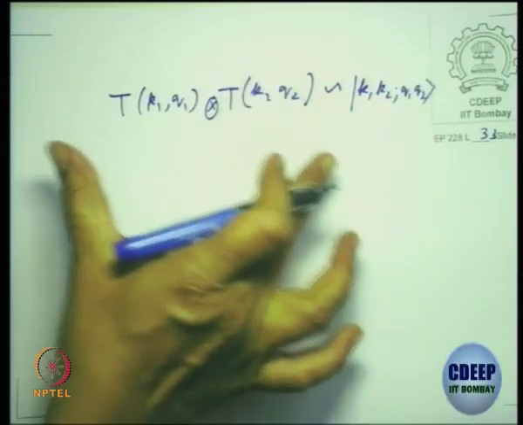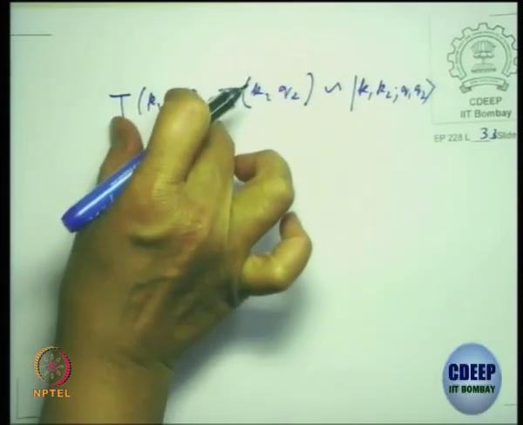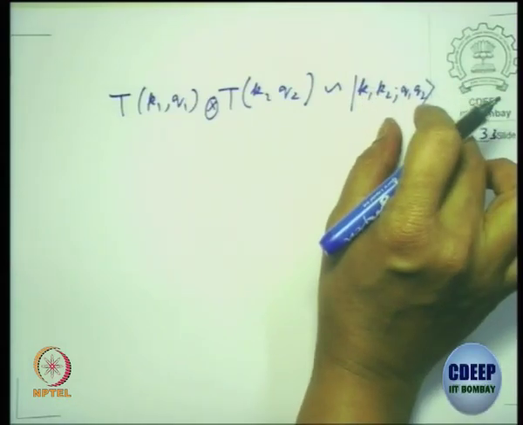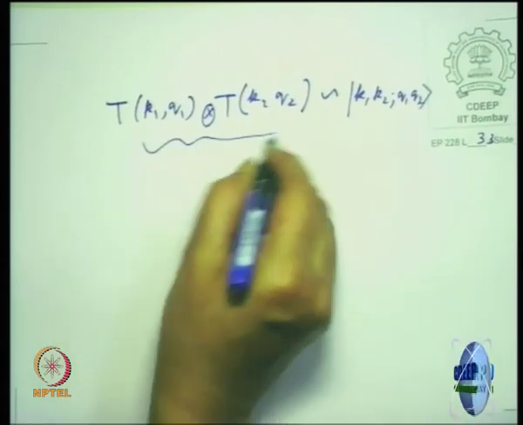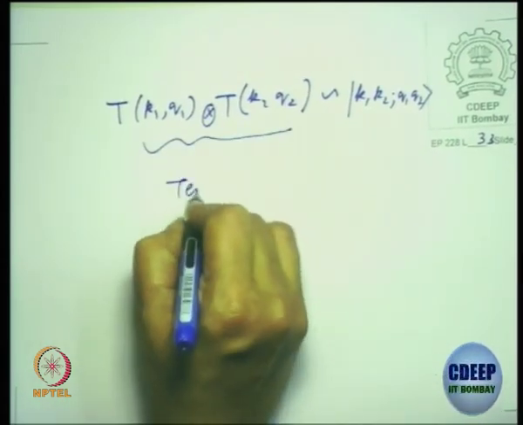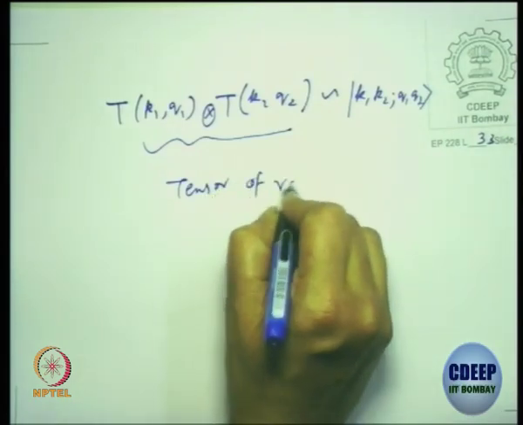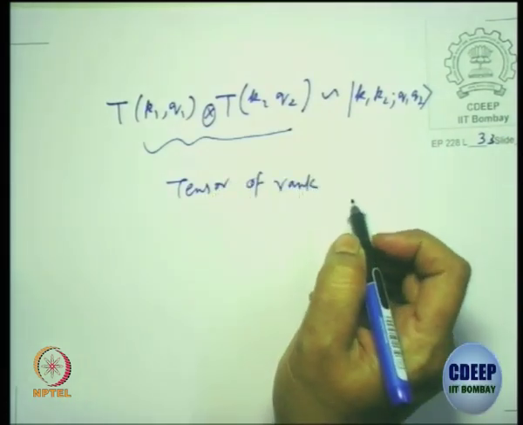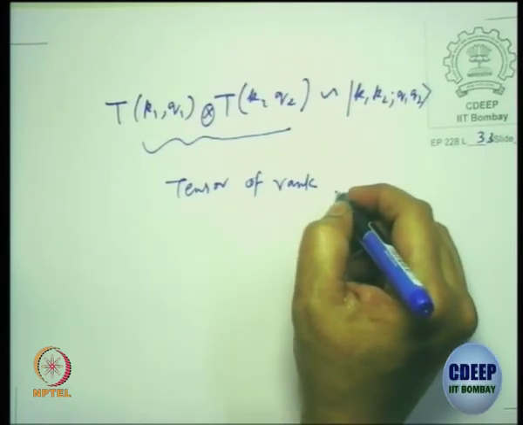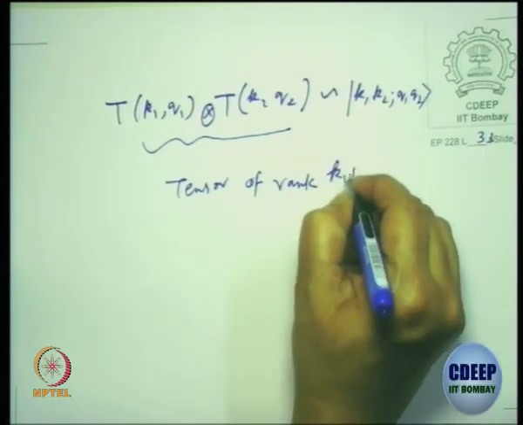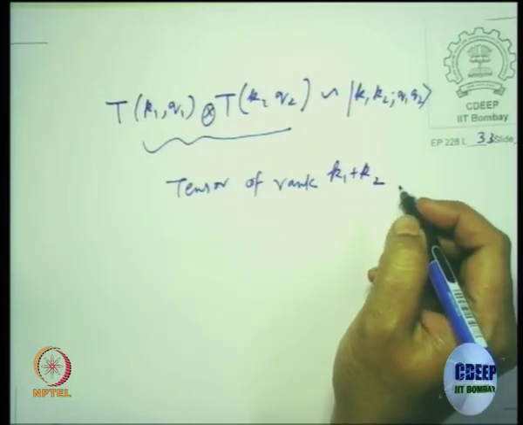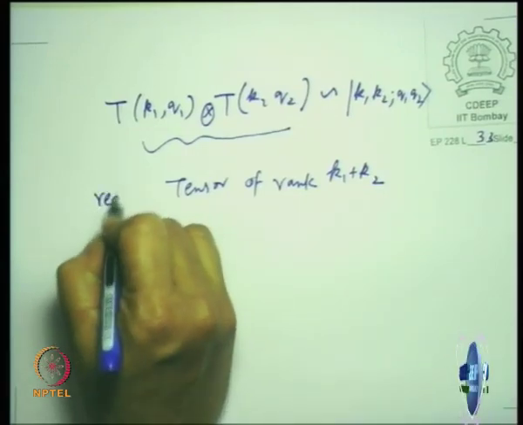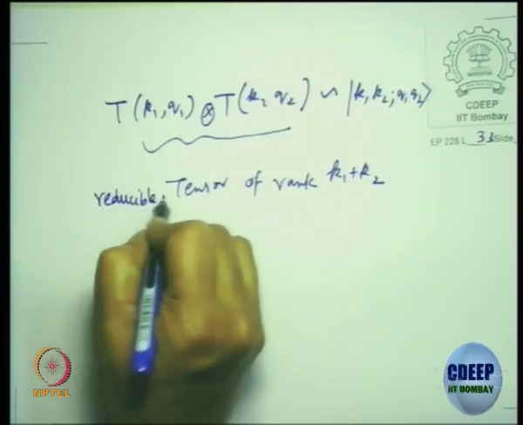But you should know that these are operators, these are states, okay. That similarity tells you that the dimensionality of this will give you a tensor of what rank? It is k1 plus k2 formally, right, but it will be a reducible tensor.